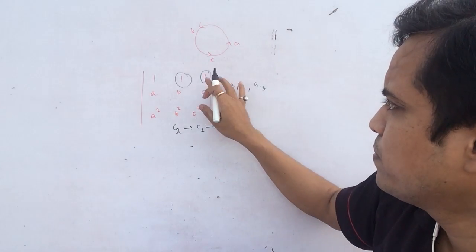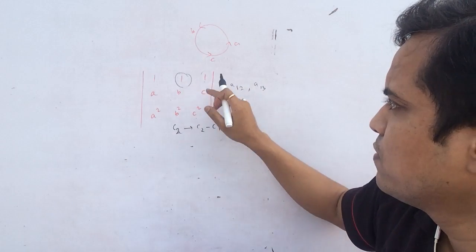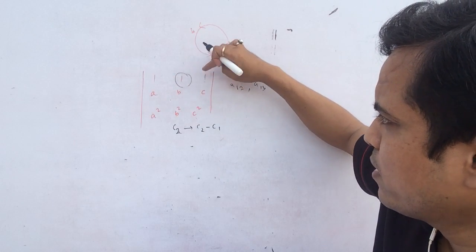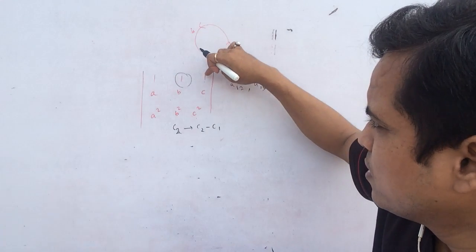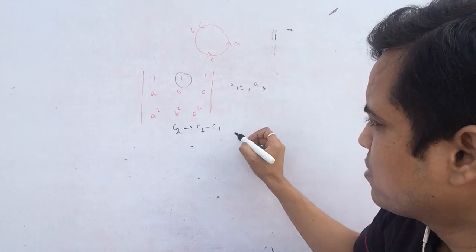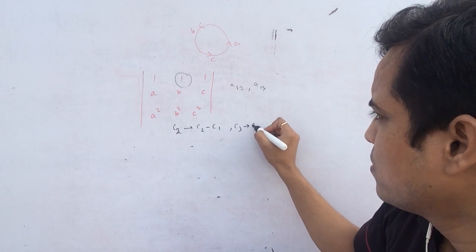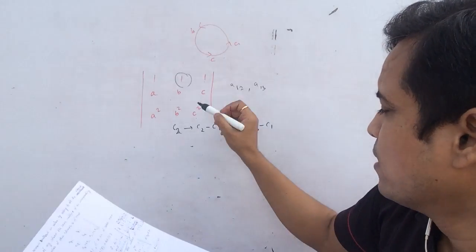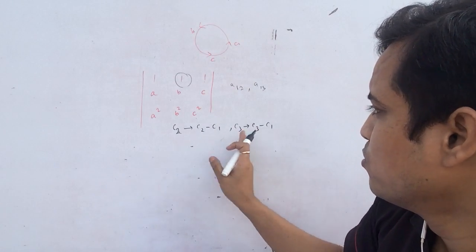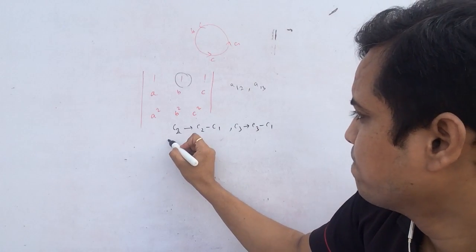Now C1 is not changing here, so you can also apply C3 change to C3 minus C1. Because C1 is not changing, that's why I am applying the two operations at a time.